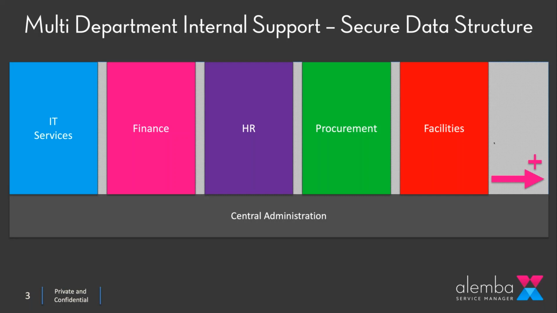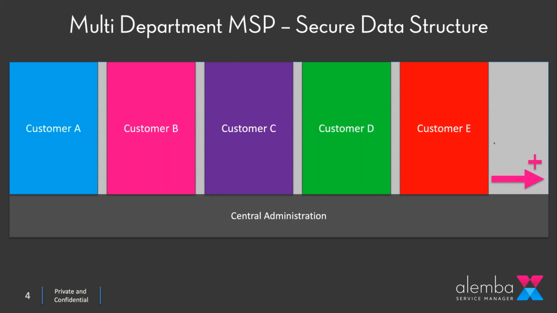So it's very, very flexible. And also, if anyone's looking after multiple organizations in one group, or if you're an MSP, it allows you to put your different customers into different tenants effectively. So you can have customer A, customer B, customer C, and we have some MSPs who have up to 27 different customers done like this.